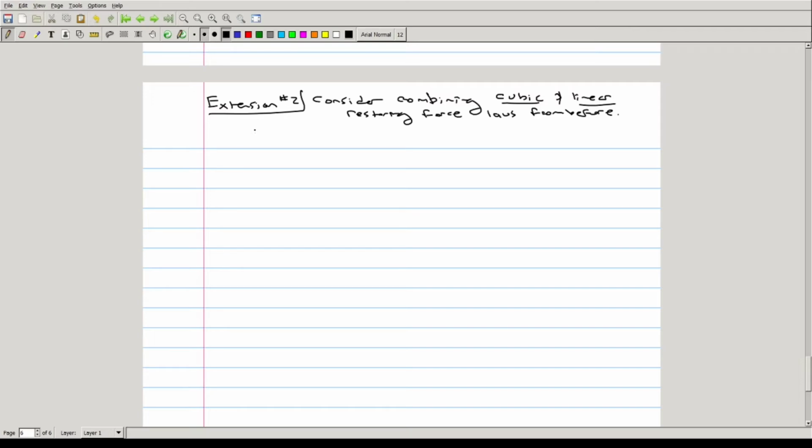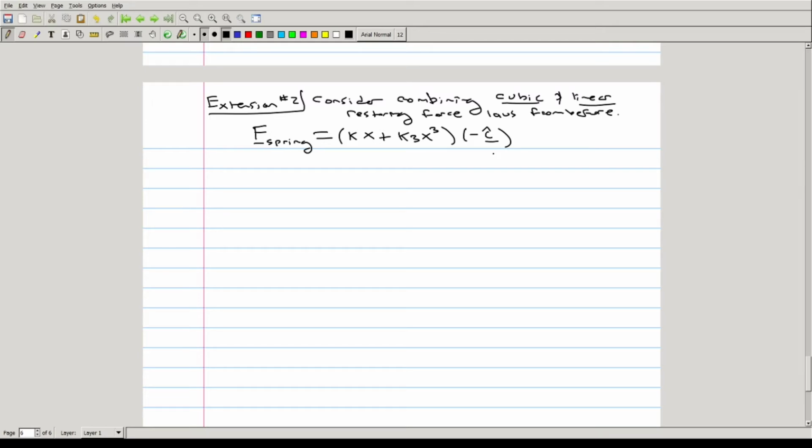And this gives us a spring force of kx plus k3 x cubed. And remember, this is times negative i hat, because for the specific scenario that we're interested in here, the direction of the spring force is just along the x-axis.